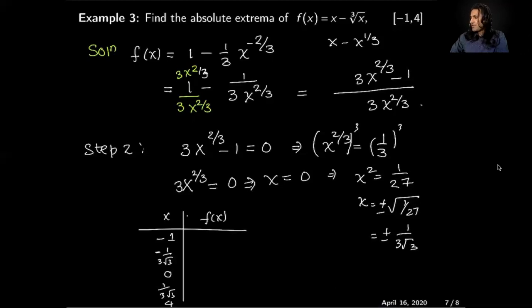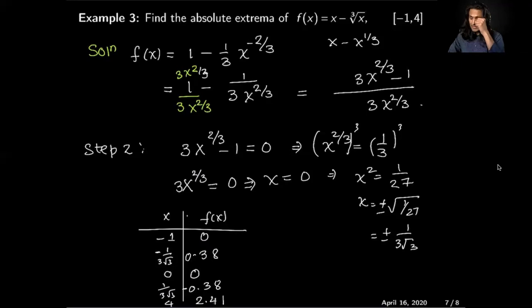If I plug -1 into the function, I will get 0. If I plug in this value, -1 over 3 square root of 3, I will get 0.38. 0 gives me 0 because everything is 0. This gives me 0.38, but this time it's a negative 0.38. And 4 gives me 2.41.